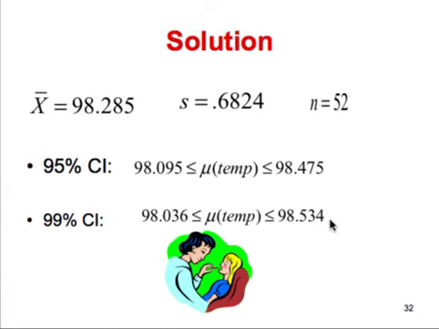Both of them are less than 98.6. So there seems to be an indication that the mean body temperature of healthy adults is actually less than 98.6.